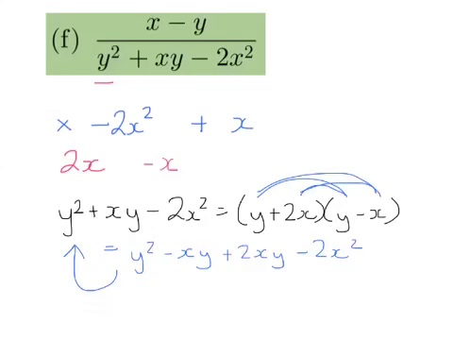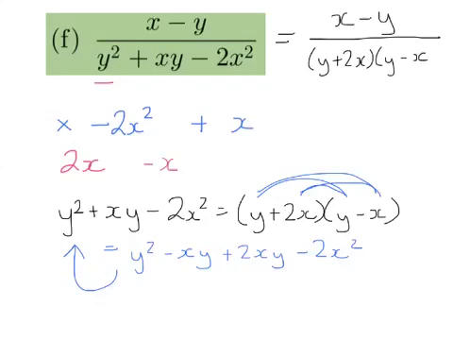So now we can solve our original problem. Factorizing the denominator will give us y plus 2x, y minus x.